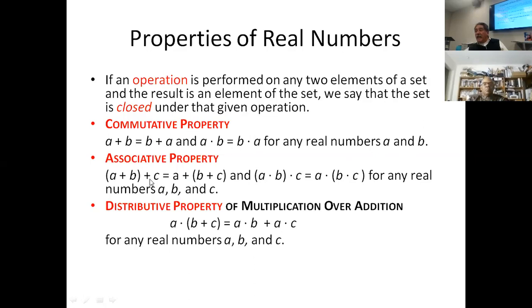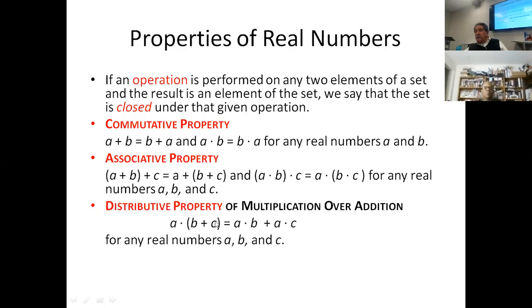Associative, for addition: it doesn't matter whether I add A and B first, and then add C, or I add B and C first, and then add A. Same with multiplication, A times B times C. I can multiply A and B first and then multiply by C, or I can multiply B and C first and then multiply by A. Distributive means I can multiply A over an addition.